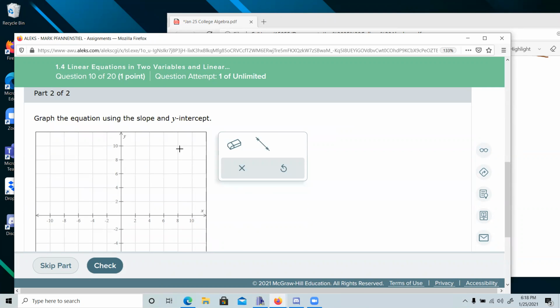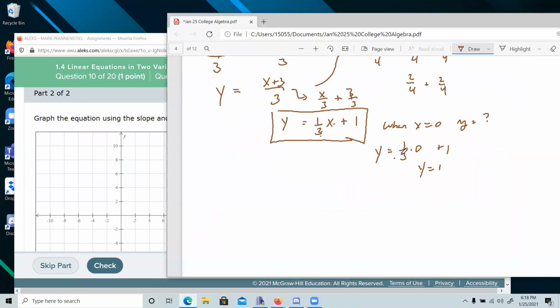Now we're going to graph this equation. What I would recommend is to pick x's that are going to be easy to deal with. Like, don't pick 1. We already have 1 point. That's when x is equal to 0. We have y, 0, 1. But if you pick 1 in here, I'm going to end up with 1 plus 1/3, which is going to be 4/3, and that's going to be a pain to graph.